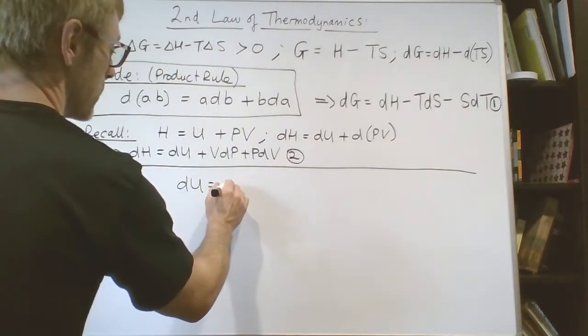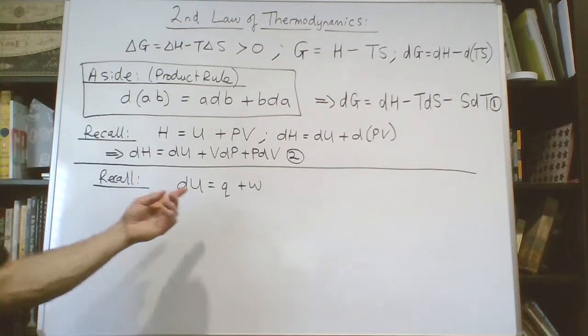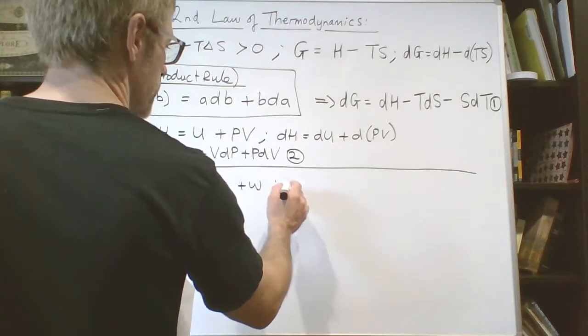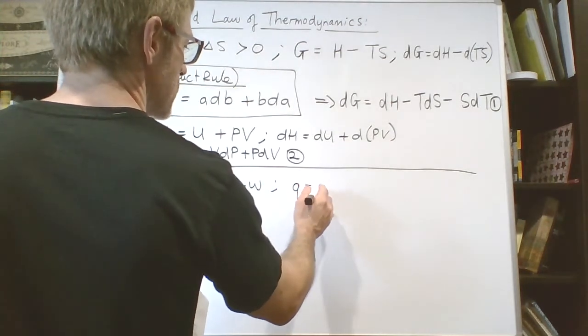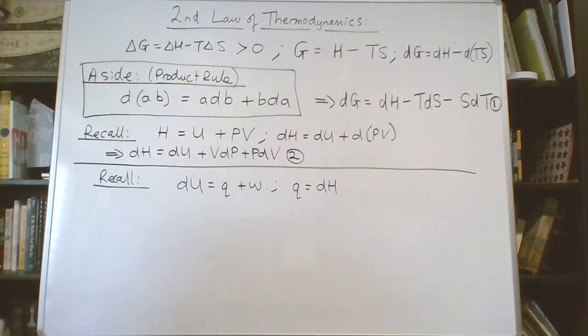This is the sum of heat and work. You'll recognize this expression as the first law of thermodynamics, where we're going to assume that we can write heat is equal to dH, which we can under isobaric conditions, so constant pressure conditions.